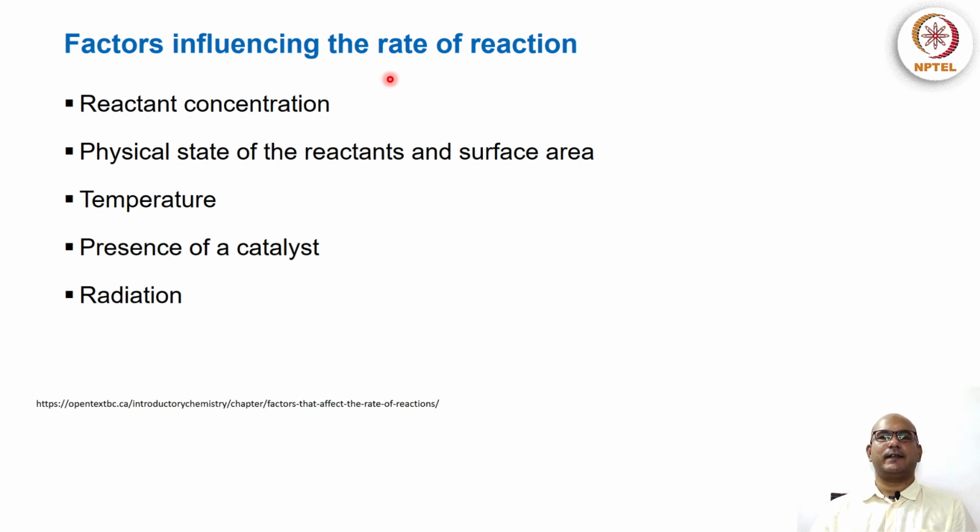Now, generally the rate of reaction is dependent on the reactant concentration, because the more molecules of A and B there are, the more chance of collision, and the more there is a possibility of the product coming out. Then the physical state of the reactants and the surface area available is also important, because the more surface area available, for example in gas-surface reactions, the more the reaction rate will go forward.